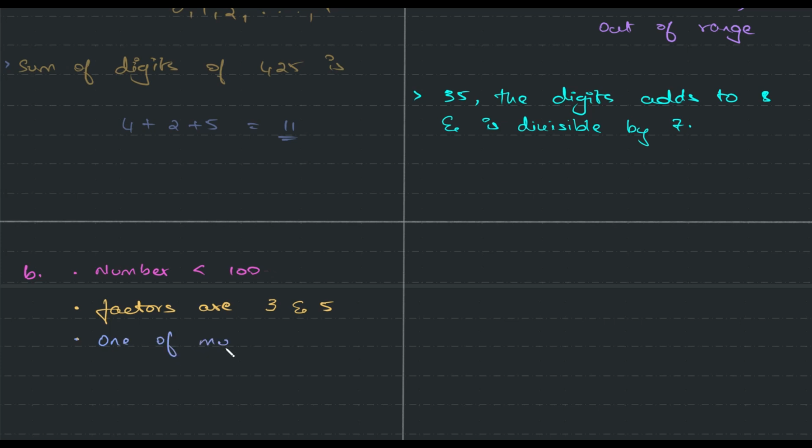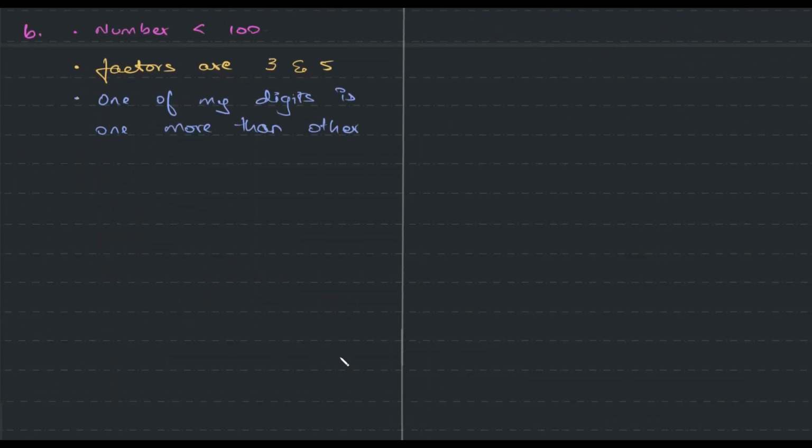I'll just give an example for your reference. Please don't write it; you can write it in your exam, not an issue, but you will waste your time, that's all. So 65 is one example.